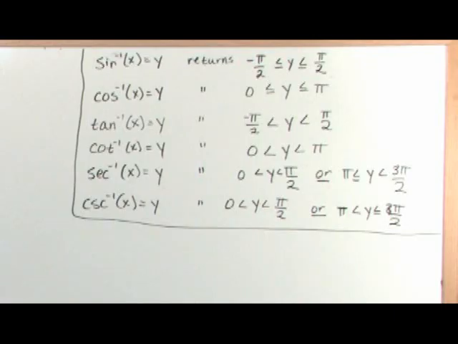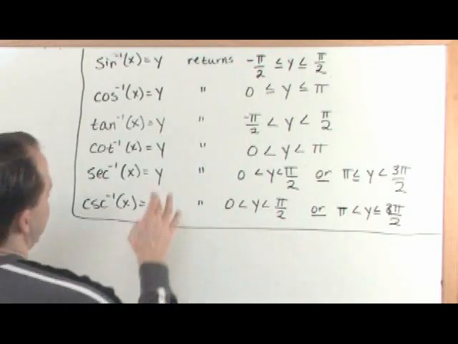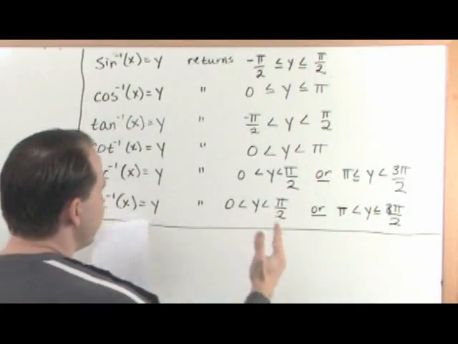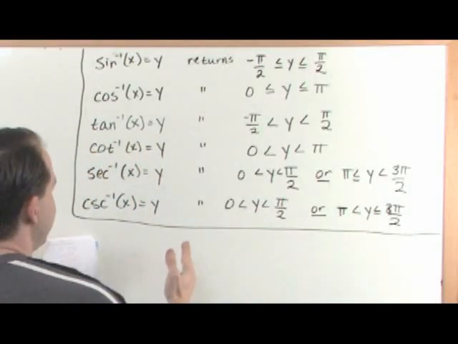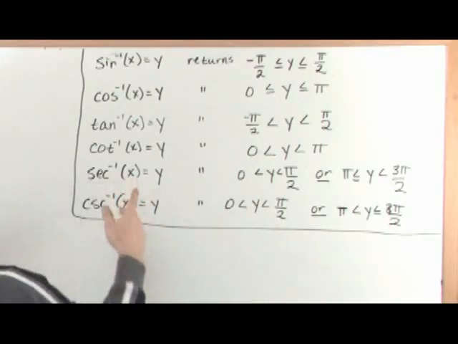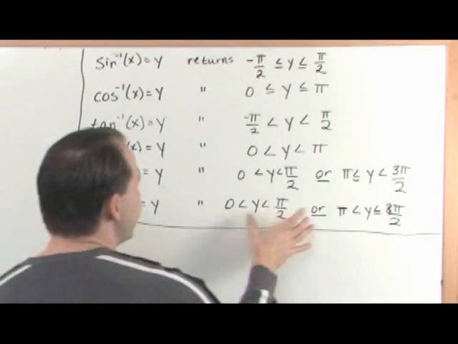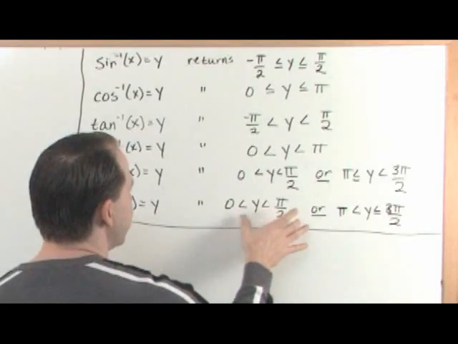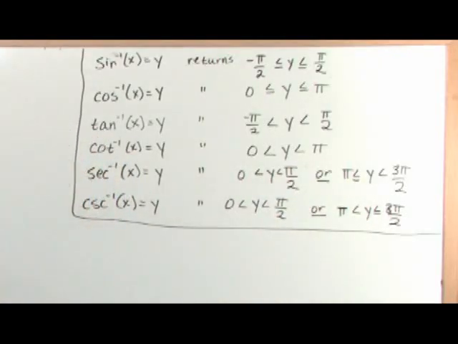One final thing I want to say: the secant and the cosecant, these ranges of angles here, remember these are just arbitrarily chosen by the math guys so as to give us a function that returns one angle back for an input. That's what we talked about before. You can choose different ranges to do that, okay? Most of the books, almost all of them, are going to use this accepted range of values as the definition of the inverse secant and the cosecant functions.